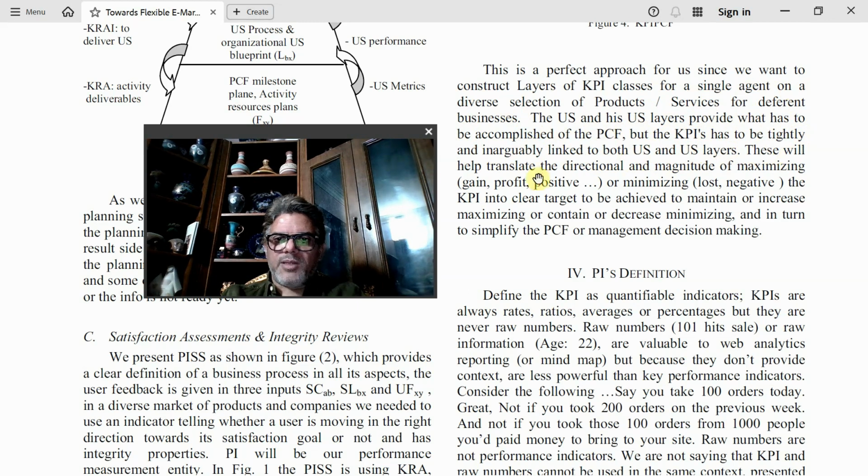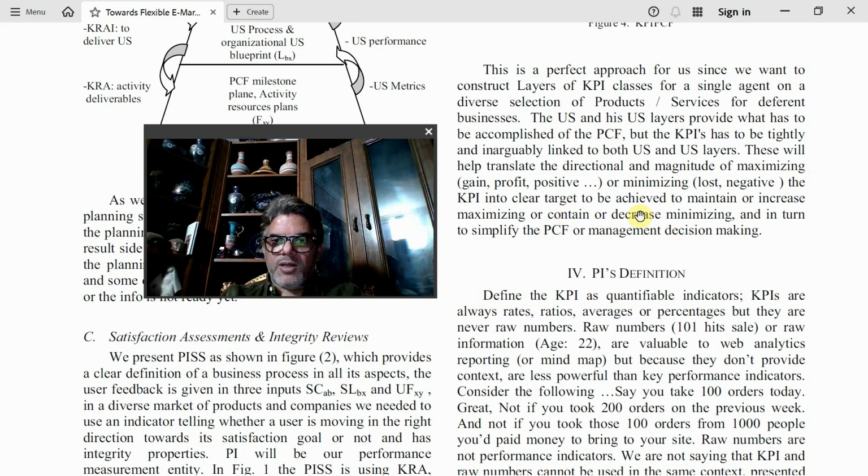These will help translate the directional or magnitudinal aim of maximizing gain, profit, positive satisfaction or minimizing loss or negative satisfaction, the key performance indicators, into a clear target to be achieved to maintain or increase, maximize, or contain or decrease, minimize, and in turn to simplify the PCF or management decision making.